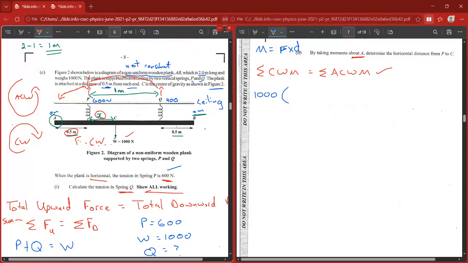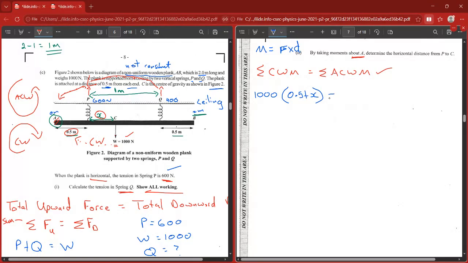So that will be 0.5 plus X. The distance is written in terms of X. The force is 1000. So this is the only clockwise moment we have here.